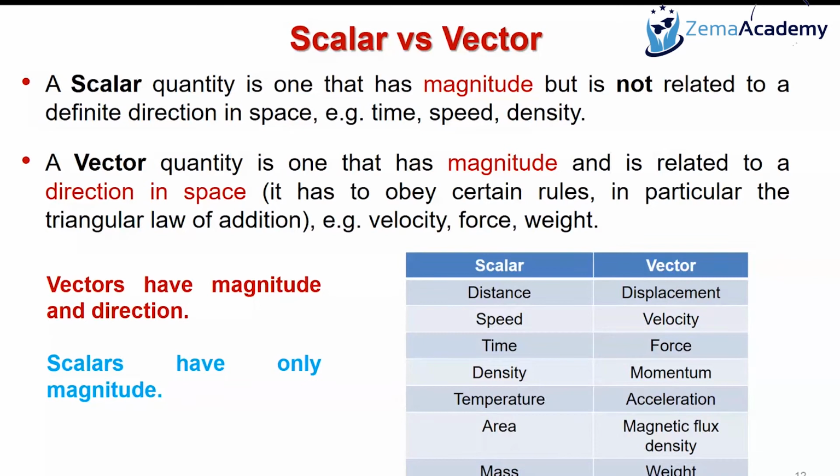For example, in the example that I started off, when a force is acting on a body, there was a reactive force due to the weight acting in the downward direction, and because of this force acting downward, there was a reactive force acting opposite to it. So again, weight is a vector quantity because it has a direction.